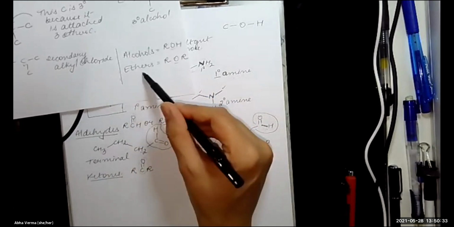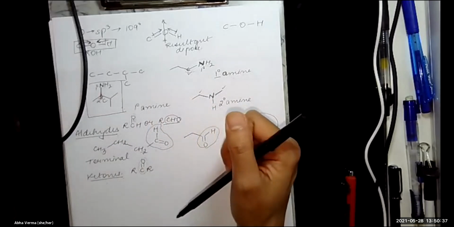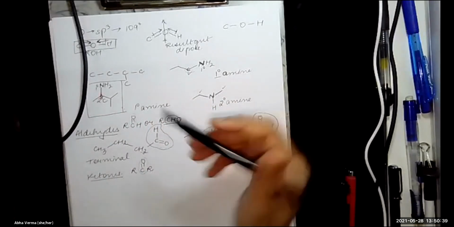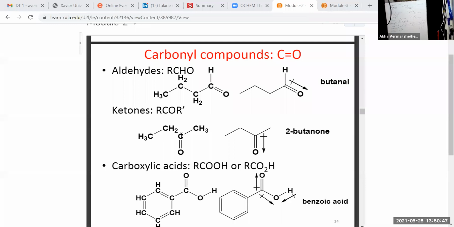So alcohols, ethers, aldehydes, ketones. You need to know their general formula so you can recognize them. And Sydney, if we go back to this structure, when you study nomenclature, we will look at this more closely, how we are numbering it. So there are 4 carbons.